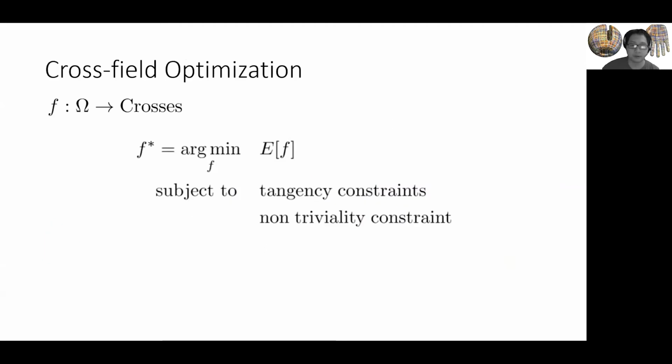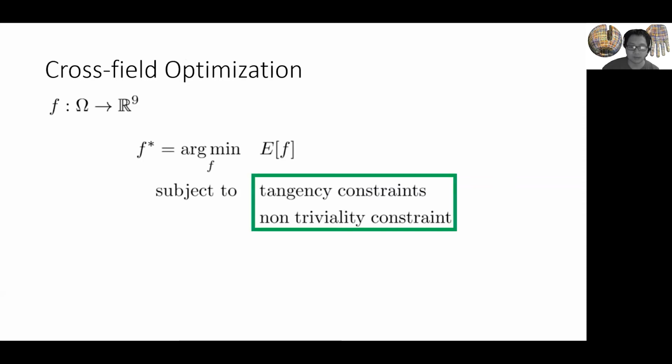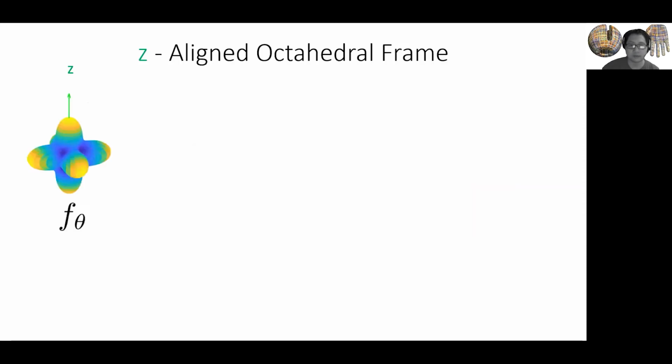We can say that what we're after is a map from the domain into R9, and this implies the form of the tangency constraints and the non-triviality constraints, which I'll get into next. So for simplicity, let's consider just the z-axis aligned frame pictured on the left, meaning the tangent space is the xy plane. Let's say that it's rotated in the z-axis by an angle theta.